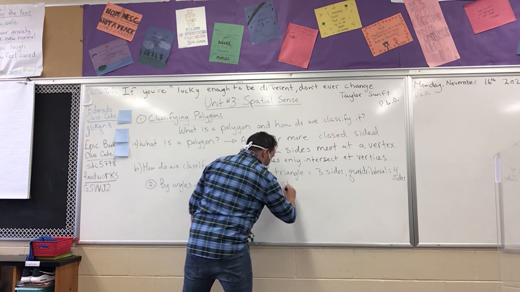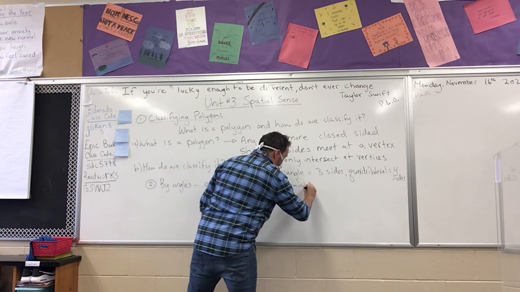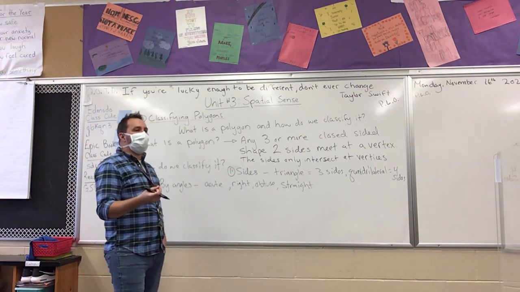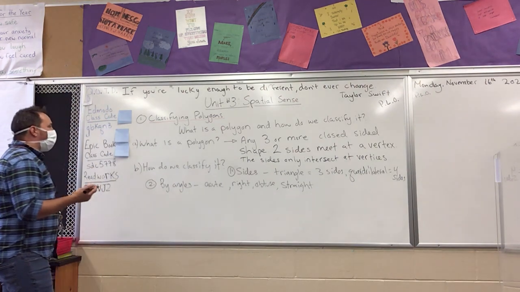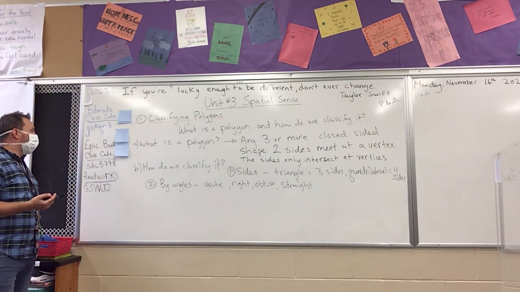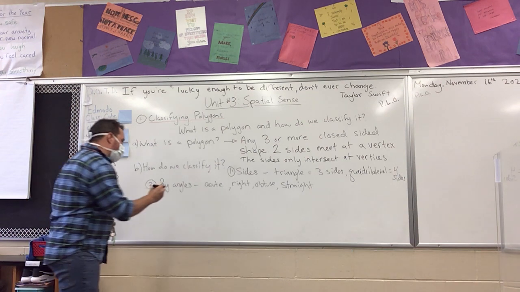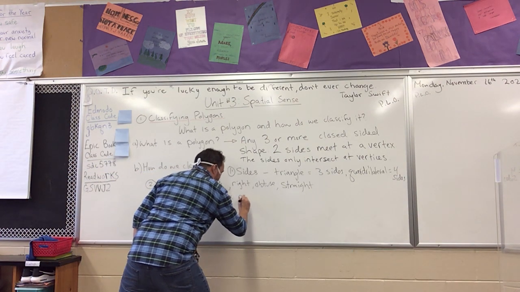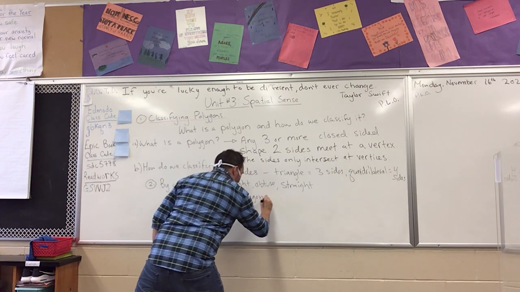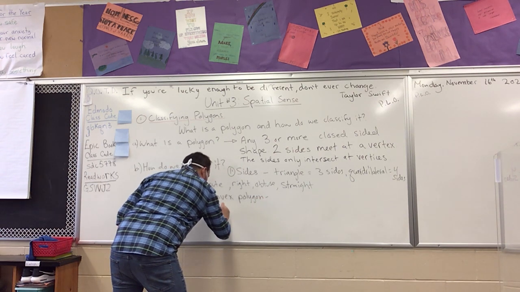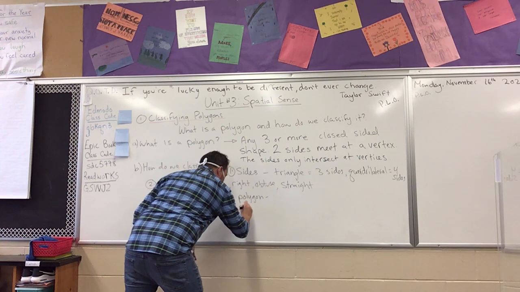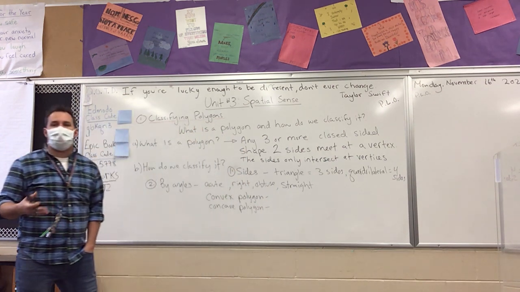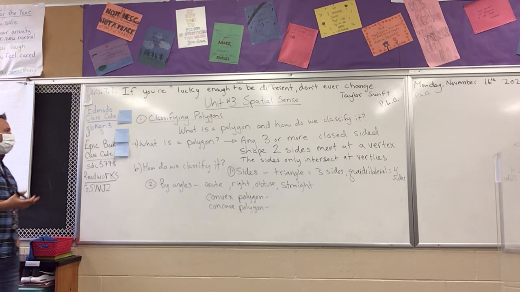We have a straight angle, right? And you may or may not, but there's actually, we classify some of these polygons by what we would call a convex polygon and a concave polygon. Show of hands, how many people have heard of a convex polygon or a concave polygon?